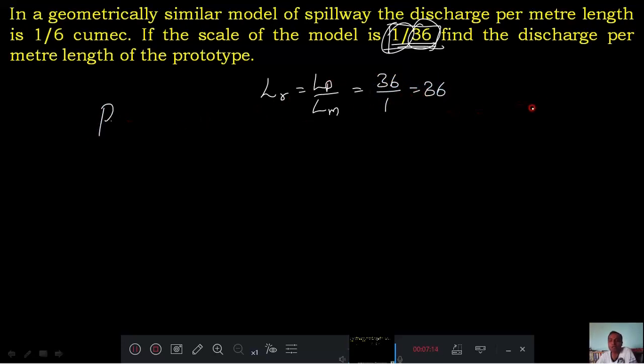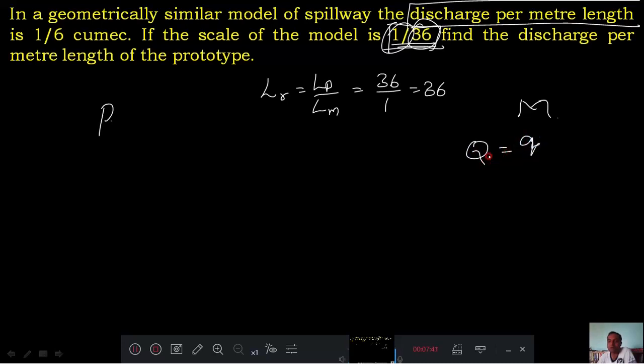Now this is a prototype and this is a model, and what details are given for the model of the spillway? You need to observe there is a small twist, that is the discharge per meter length is given. It is not a discharge, it is discharge per meter length. Therefore they have given a small q.